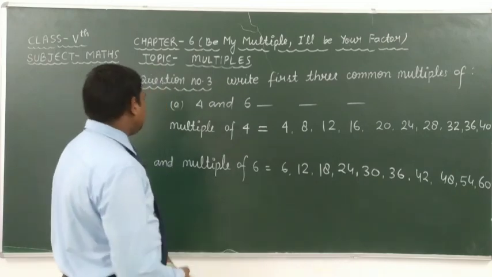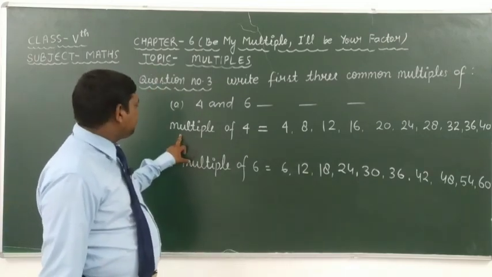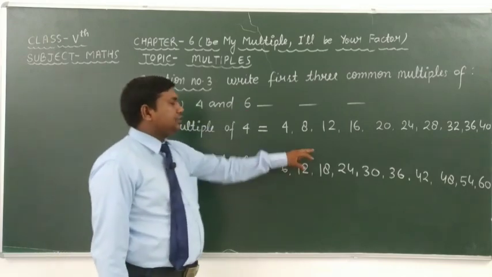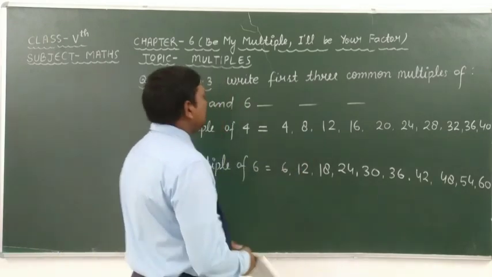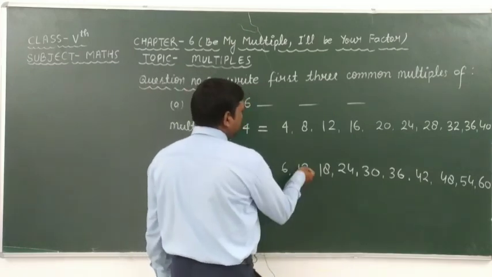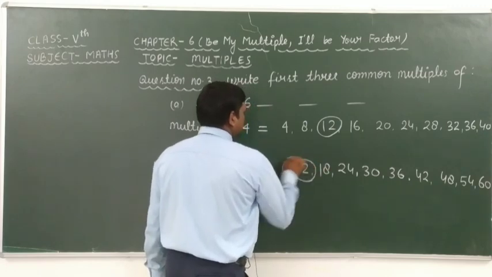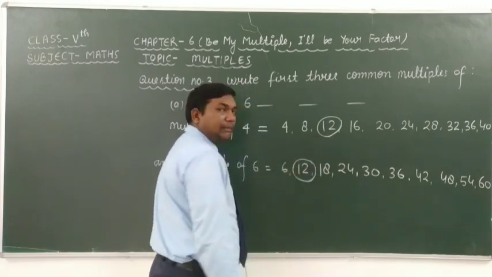Okay students, look at here carefully. Firstly, we write the multiples of 4 and the multiples of 6. Then here we choose the common multiples. Here given 12 and here also 12. It means that 12 is a common multiple.